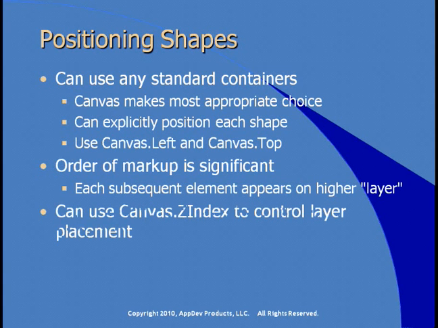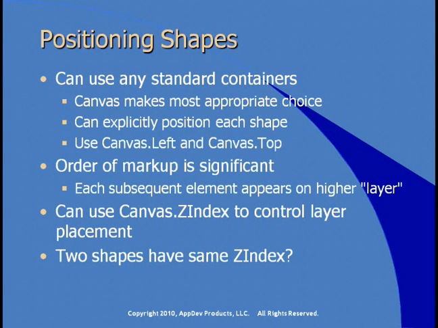Now you can use the canvas.z-index attached property to control that layer placement. That is, if you have a rectangle and then an ellipse, you would normally see the ellipse on top of the rectangle. But if you have the rectangle's canvas.z-index property set to a higher number, it will appear on top. What if 2 shapes have the same canvas.z-index property?